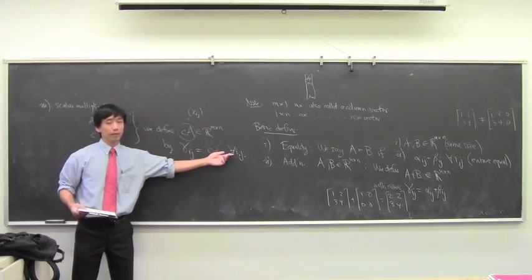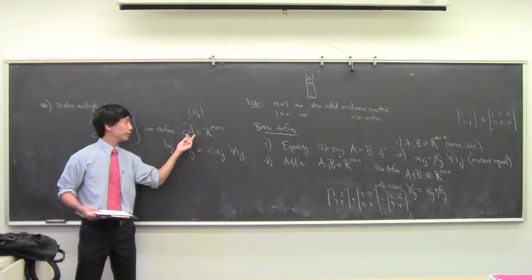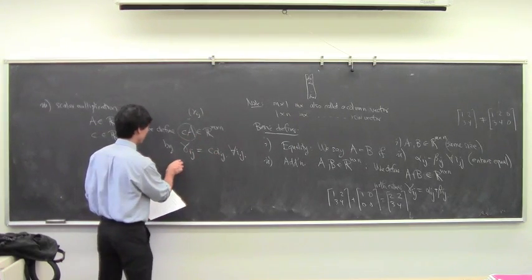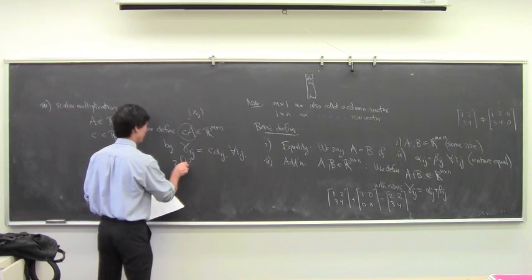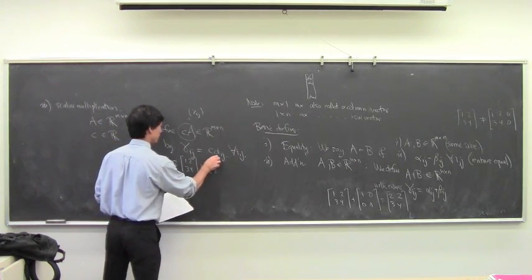For every entry, you take the ij entry from A and multiply by C. So not hard. 2 times 1, 2, 3, 4: just multiply everything. 2, 4, 6, 8.